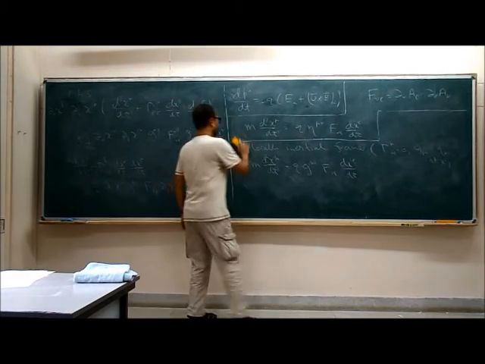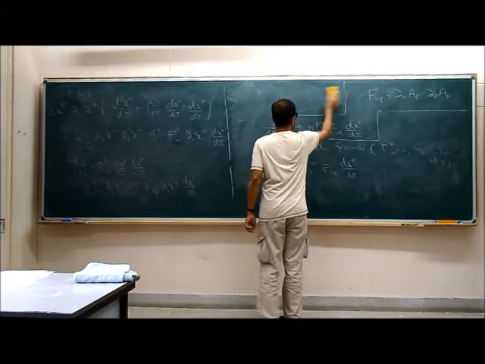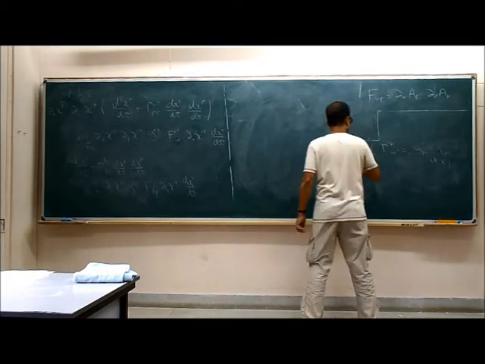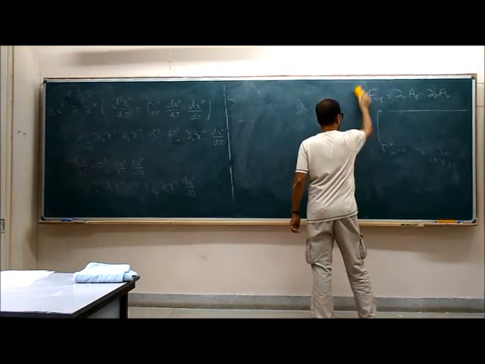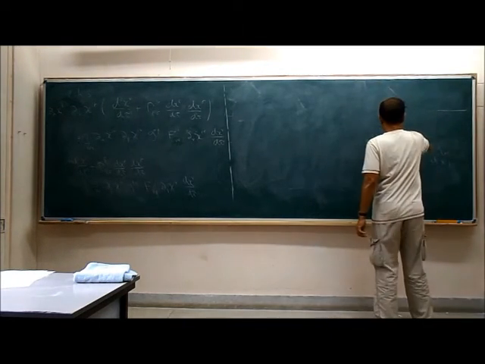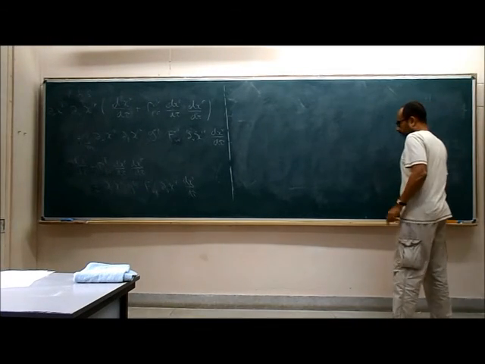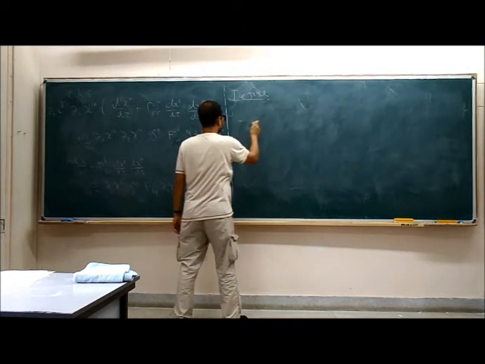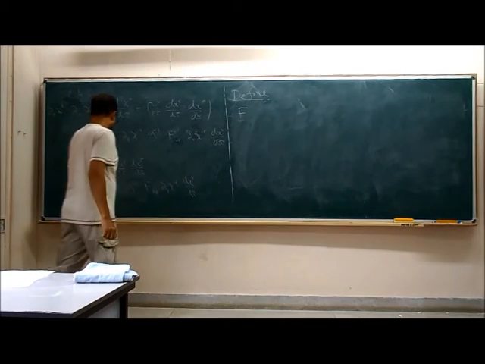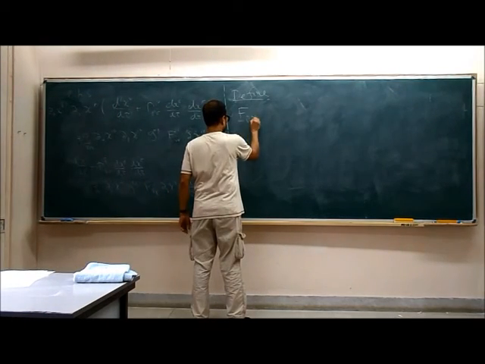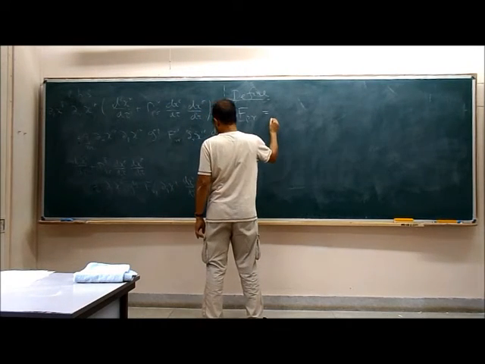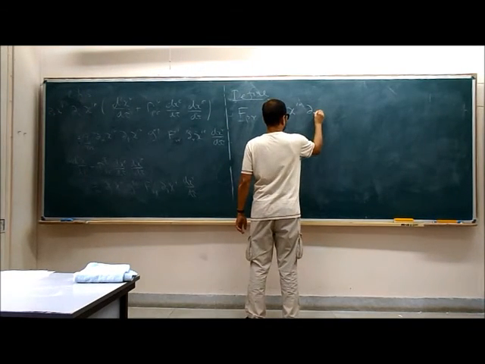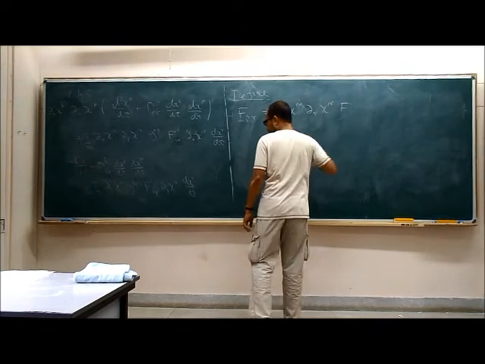Now what I am going to do is to define a new quantity F_αβ. So this is a definition: define F_βγ equal to ∂_β x'^ν ∂_γ x'^ρ F'_νρ.